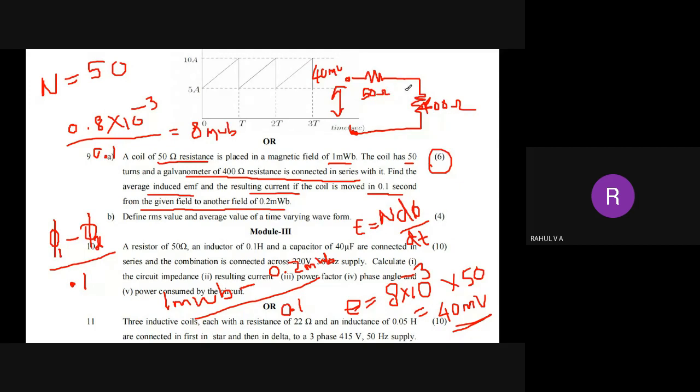Because they are in series, the total resistance is 450. The current which will flow is voltage divided by resistance, that is 40 millivolt divided by 450. That is the current through the coil. So it is very easy. You will easily get the 6 marks.